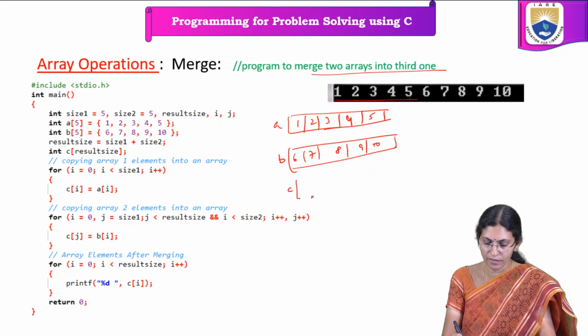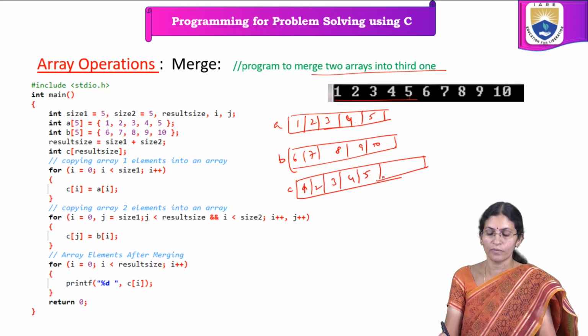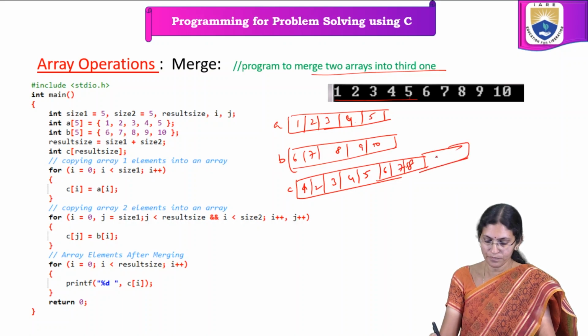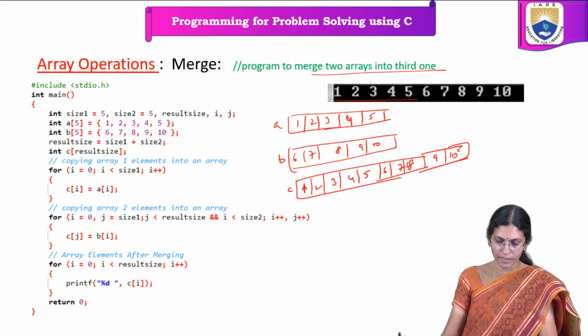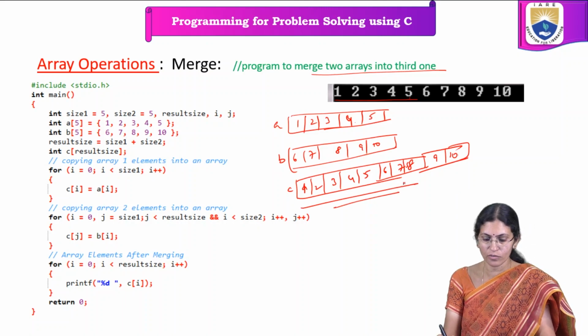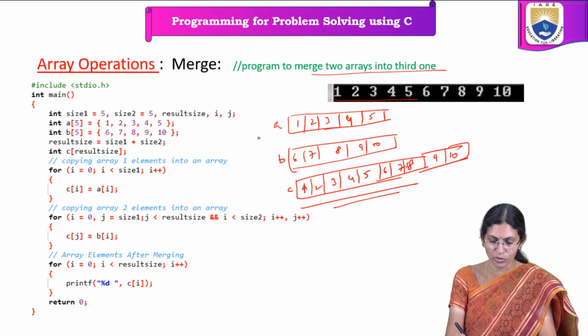So the resultant array will be 1, 2, 3, 4, 5, 6, 7, 8, 9 and 10. This is the merge operation where we are merging two arrays into a third one. So A and B are merged to the resultant array, that is C.